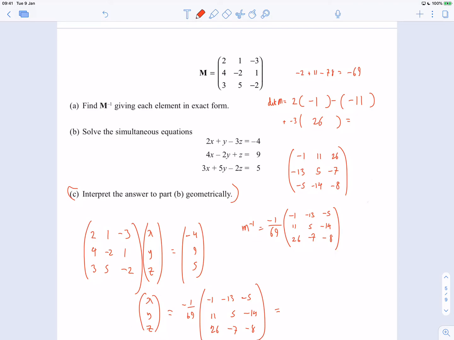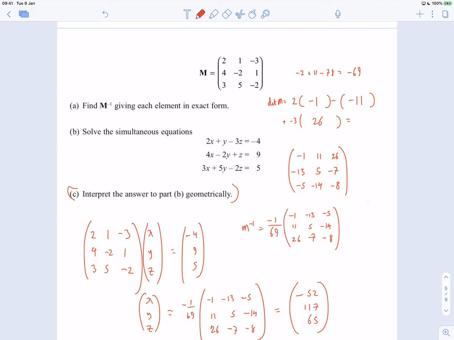Yes, and in there goes minus 4, 9, 5. Okay, so apparently this spits out minus 52, 117, and 65. Wow, okay.